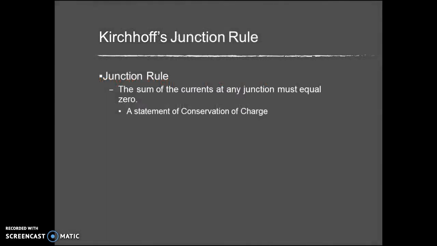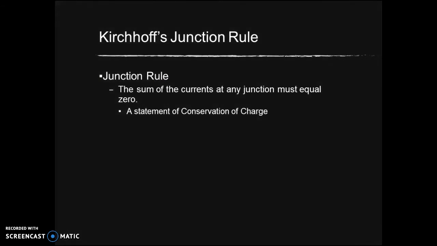The first rule is called the Junction Rule, and it states that the sum of currents at any junction must equal 0. Alternatively, it could be stated as the sum of currents into a junction must equal the sum of currents leaving the junction.